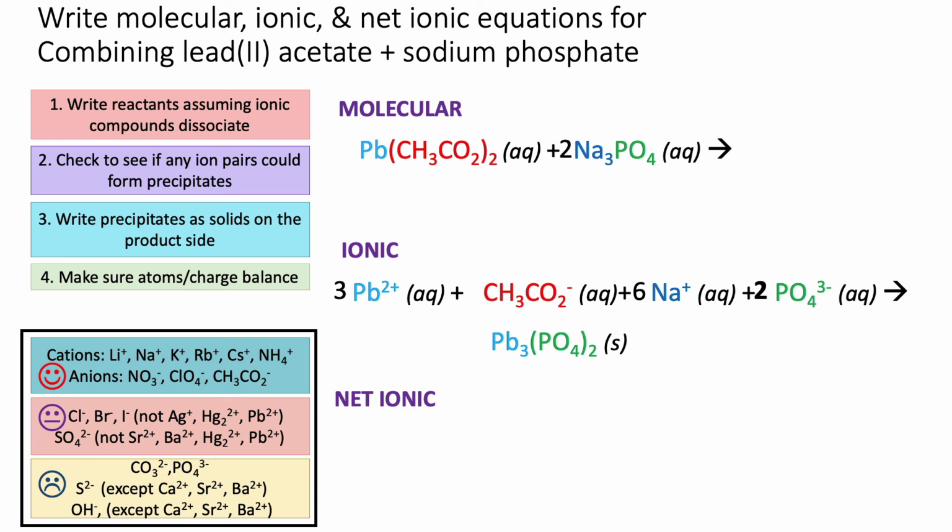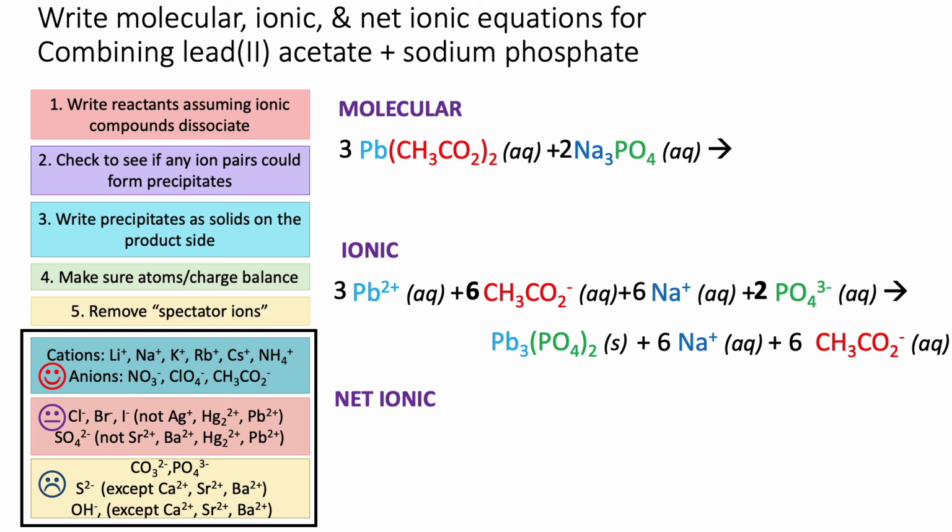Those lead ions originally came from lead acetate. And so we're going to need 3 molecules of lead acetate in our molecular equation. What that tells us then is that when those 3 molecules of lead acetate dissociate, we're going to end up with 3 times 2, so 6 acetate ions. So then you can also fill in the rest of the reactants in the ionic equation.